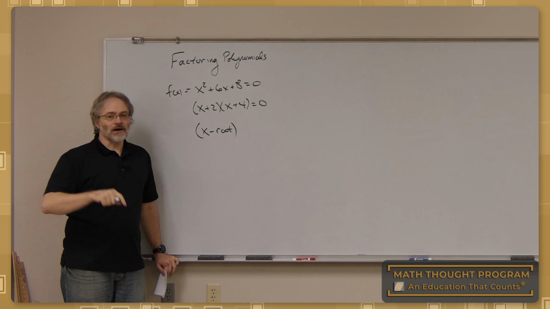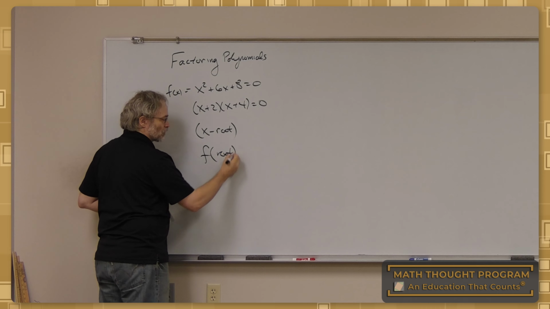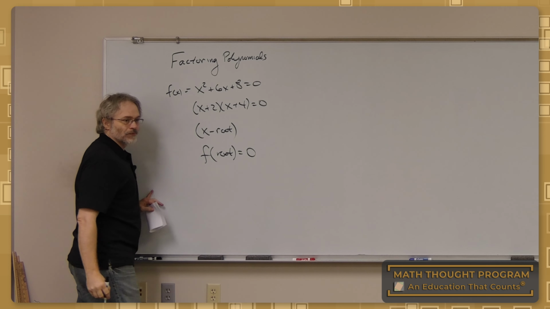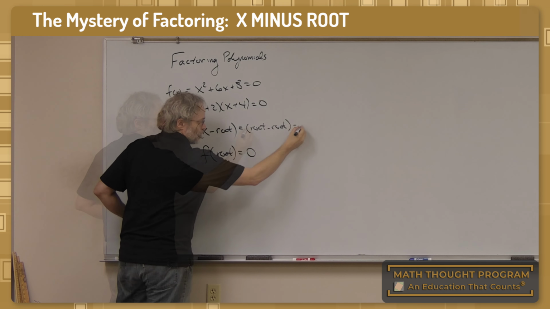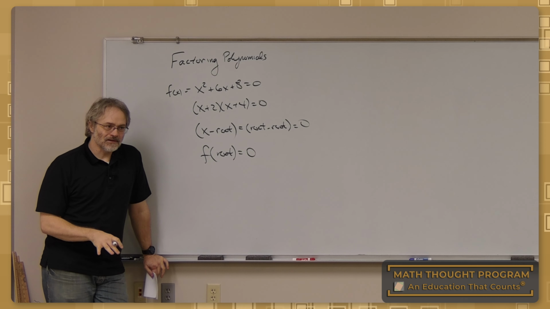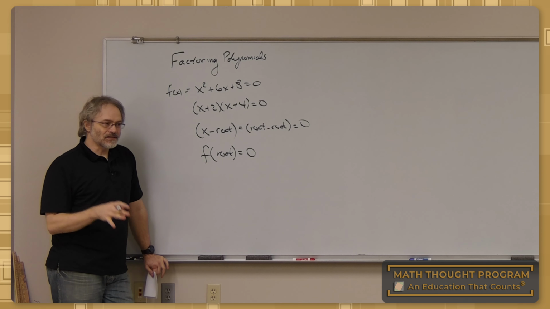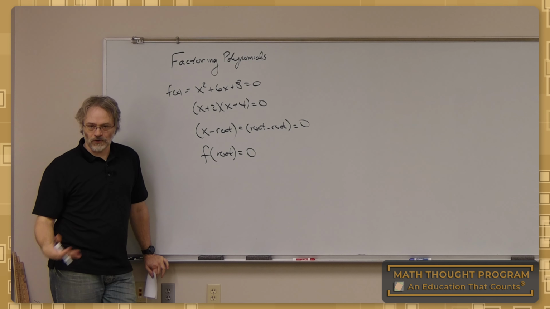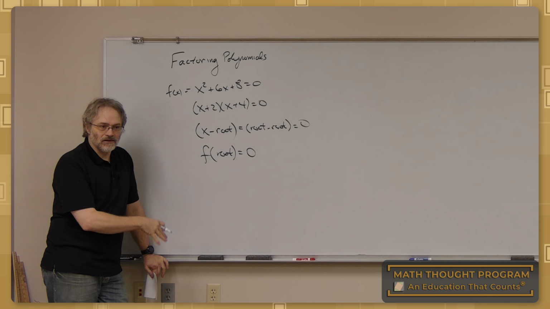So the reason why you plug in the value, this thing called a root, you get 0. What happens when you plug it in right there? You get 0. Okay. That simple observation has a wealth of information in it. It tells you exactly how to factor polynomials. If you can find a root, you got it. You can factor it.